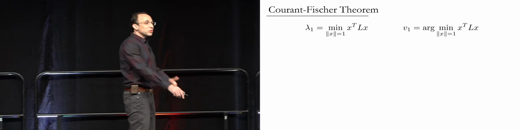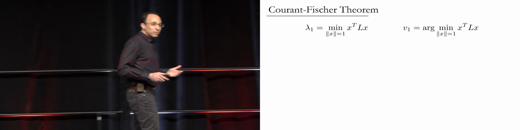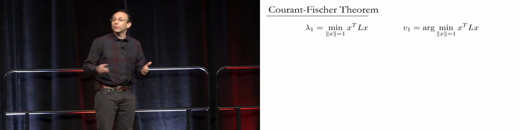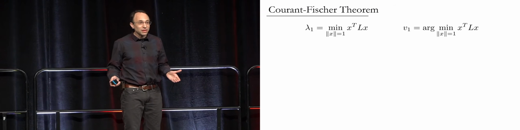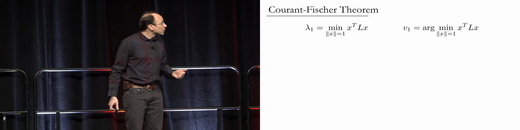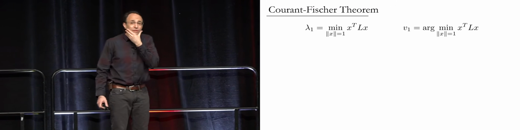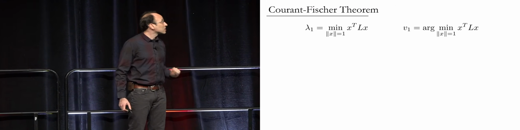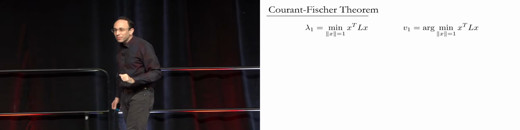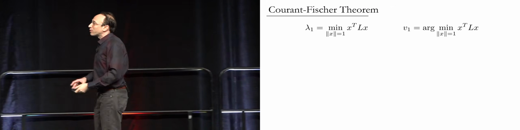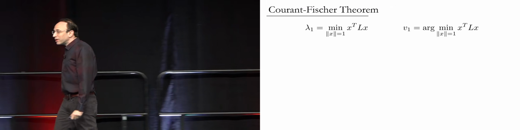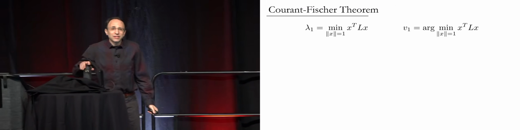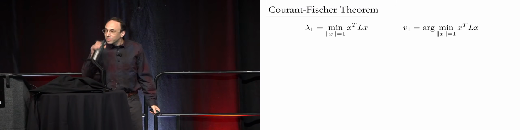And because they come up in these optimization problems, it's possible to use them to prove many inequalities and relate them to the structure of the graph. So I'll tell you what the Courant-Fischer Theorem gives. First, it tells you about the first eigenvalue, the smallest, lambda 1. It tells you that lambda 1 is the minimum possible value of the Laplacian quadratic form over, we have to normalize, let's take unit vectors.